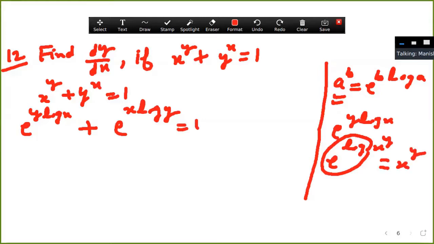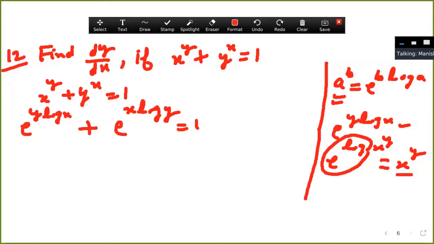Here I have applied the formula m log n is equal to log n to the power m. The exponential and log are inverses of each other, so they cancel, and only x to the power y is left. This is a way to do the question. You can also do this question by taking u, v and taking log separately for the terms.